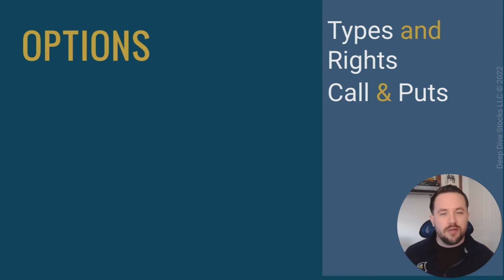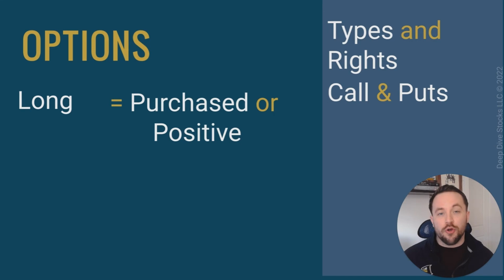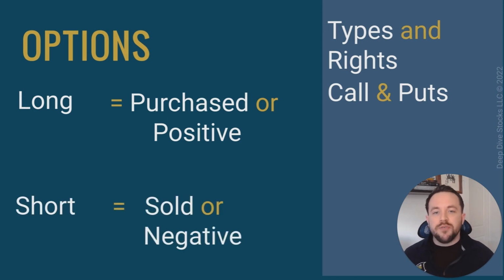So 2 more terms that we have to review before we dive a little deeper. When you purchase an option, it's said that you are going long on the option. You might see long in various formats. Typically, it means to purchase something or to have a positive exposure to something. If you sell an option or have negative exposure to some asset, it's said that you're short the asset. So if I go long on a call, I've purchased a call. Also, you might see it referred to by how the position's value changes as the underlying changes.